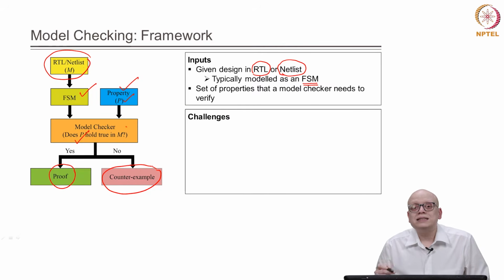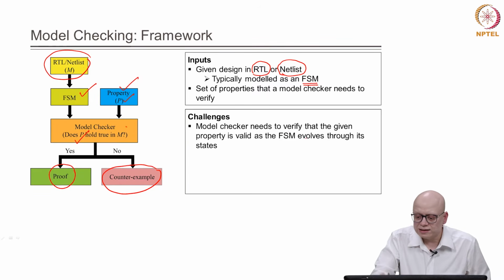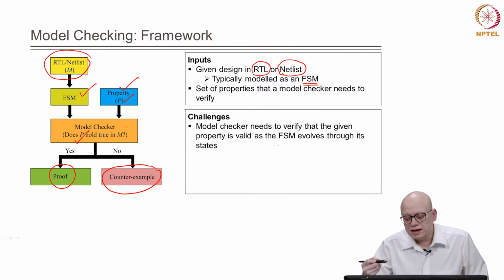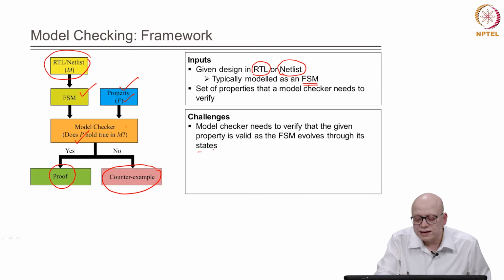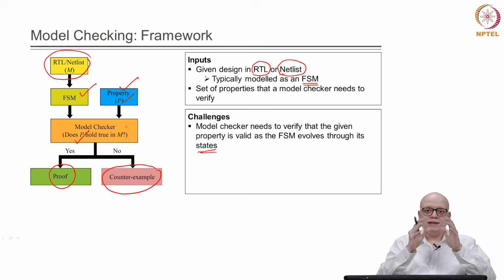Now, what is the challenge in this task? The challenge is that the model checker needs to verify that the given property is valid as the FSM or our design evolves through its various states. Given a design, the design is modeled as an FSM.